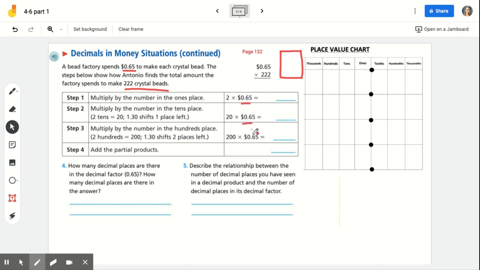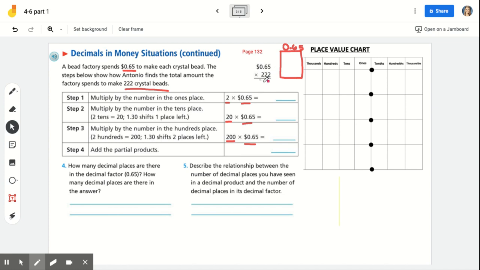We're using the factor 65 cents 3 different times. That tells me that this is going to be the factor at the top. So 65 cents, and that's in dollar form. And then on the side, we have 2 ones, 20, and then 200. How did they get 20 and 200?